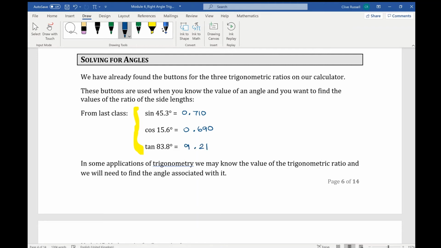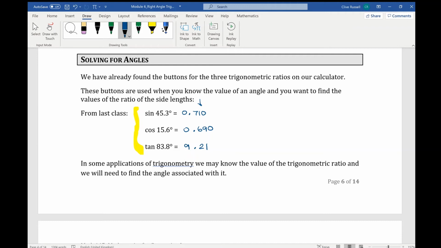Okay, so there you are. I found the sine of 45.3, the cosine of 15.6, and the tangent of 83.9. I wrote my answer here, my ratio. Remember, these are ratios on the right side to 3 significant digits.